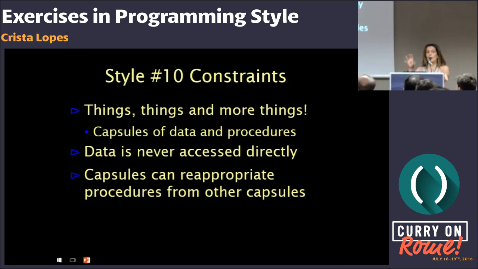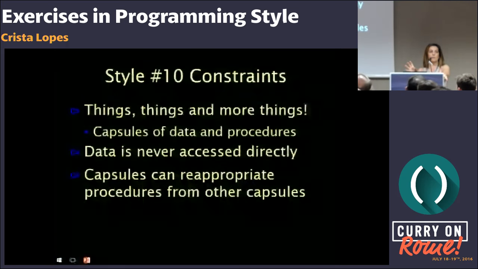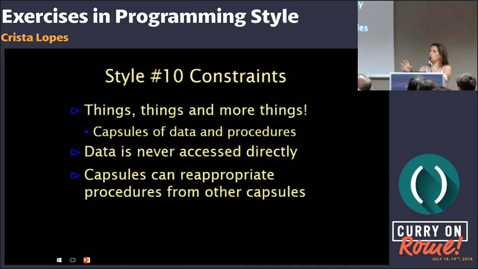In my book, I actually have very many flavors of objects. There's not only one flavor of object. If you program in JavaScript, which is also an object-oriented language, you have a completely different flavor of objects. So there's also a style in the book that covers the JavaScript style of objects.